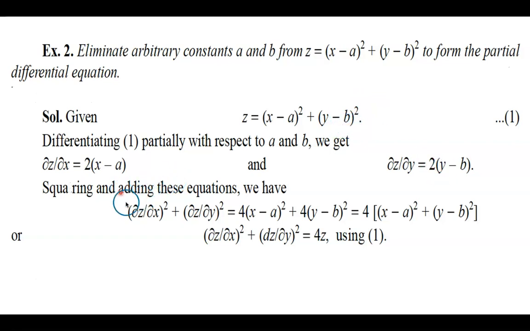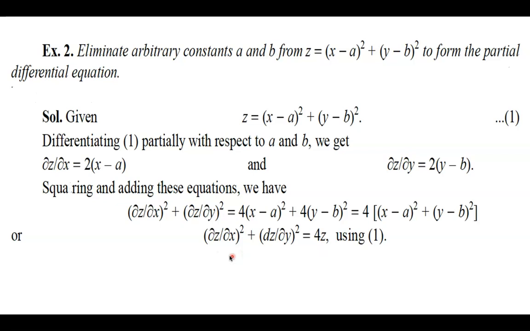So the derivative of RHS will be 2 into (y minus b). Now if we square and add these two derivatives, dou z by dou x and dou z by dou y, we will be getting dou z by dou x whole square plus dou z by dou y whole square equal to 4 into (x minus a) whole square plus 4 into (y minus b) whole square, which can be expressed as 4 into [(x minus a) whole square plus (y minus b) whole square], which is equal to z into 4, that is 4z, using the given relation.